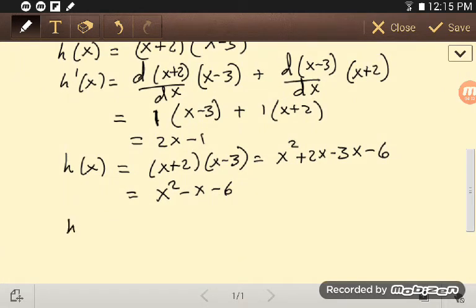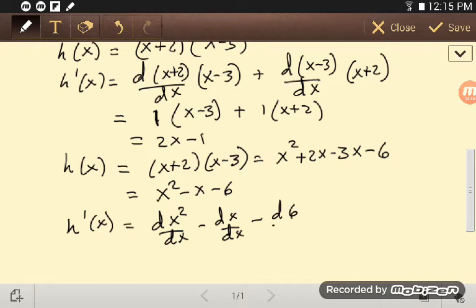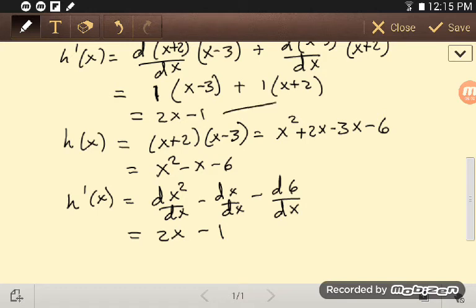Now, if we take the derivative of that, I know that's the derivative of x squared with respect to x minus the derivative of x with respect to x minus the derivative of 6 with respect to x. And so here, power rule gives me 2x. Again, a power rule just gives me a -1. And then a 0, and so you see I get 2x minus 1, 2x minus 1.